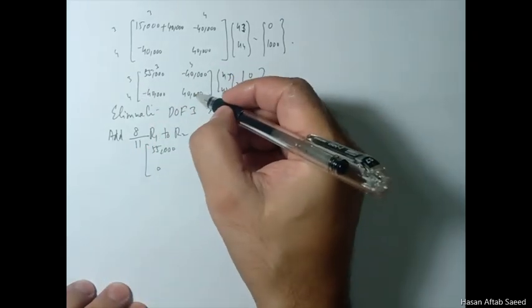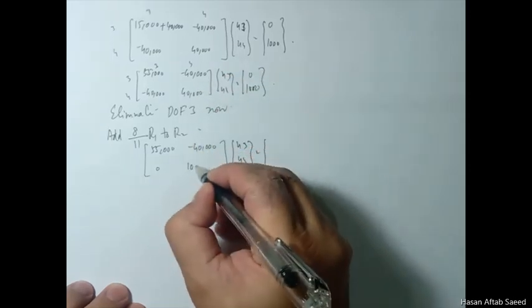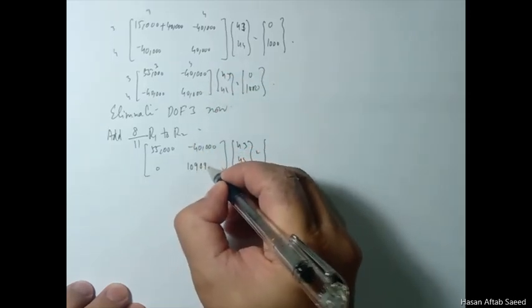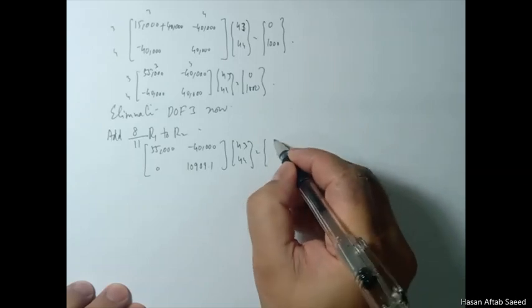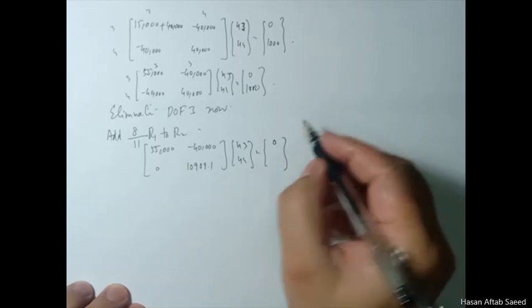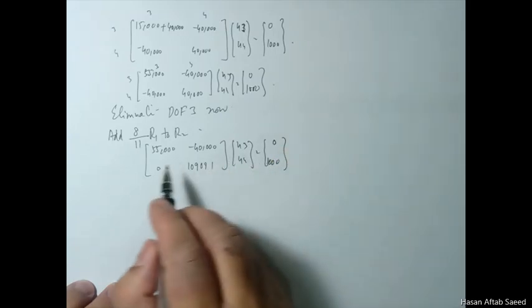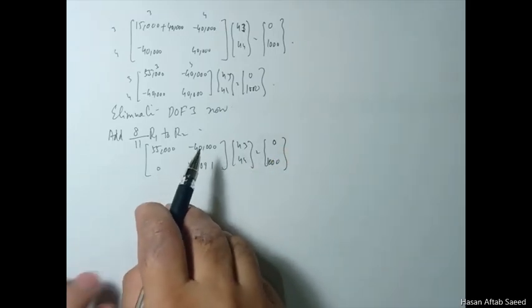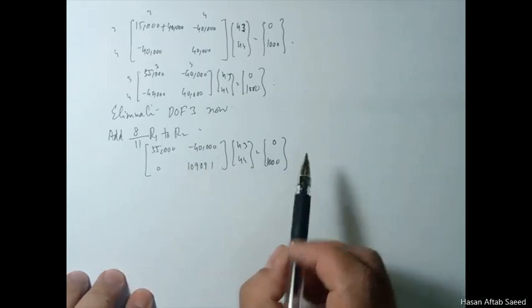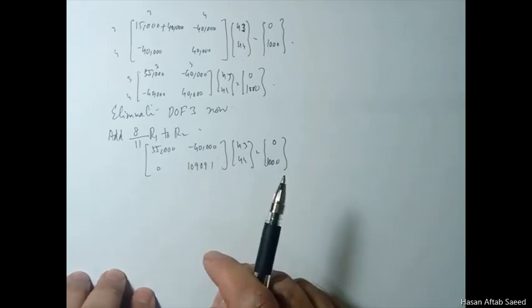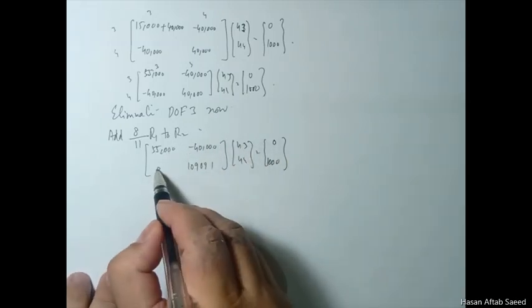Same operation if done here, you will get something like 10909.1, and this one, because this is 0, it doesn't matter, this remains the same. And now you can just eliminate it because this is 0.